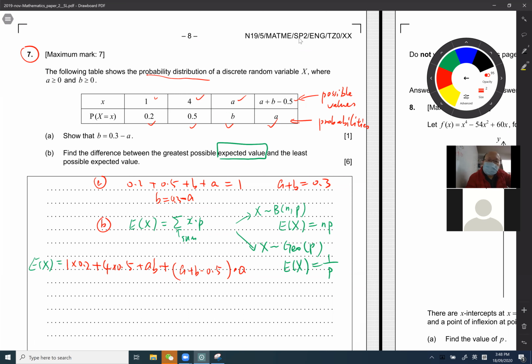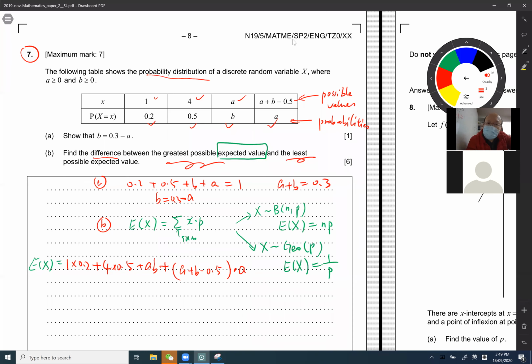For this expected value, they ask you the maximum value and the minimum value, and to find the difference. So you need to calculate the maximum and the minimum.